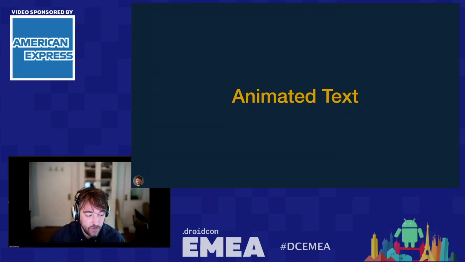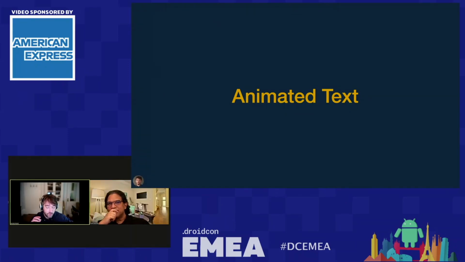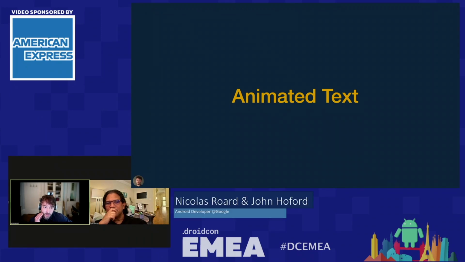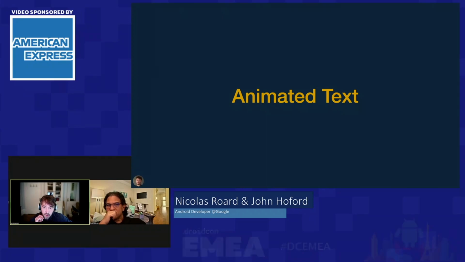So there's a couple of other things that we are thinking of for 2.1. One is animated text. When you try to animate text right now in motion layout with text view, you may have encountered some issues, and a lot of that is due to the way text view works. So we are thinking about introducing a much simpler animatable text widget.